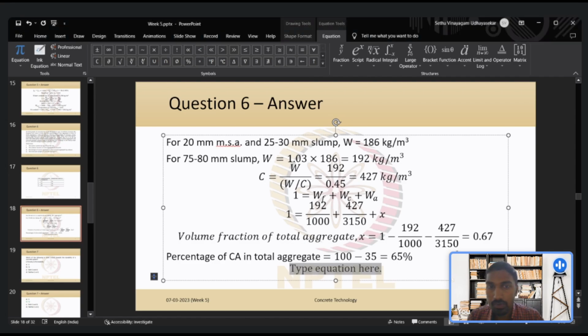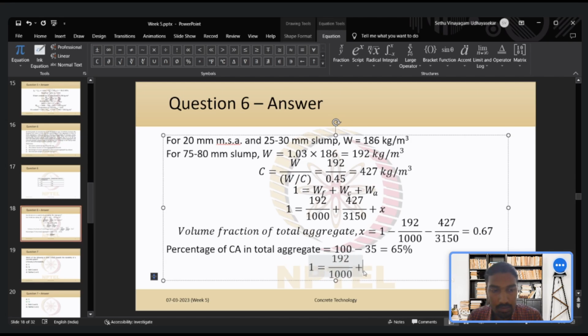Again, we will use the same equation from which we found the volume fraction. So 1, which is the total fraction, is equal to the fraction contributed by water, 192 by 1000, plus 427 by 3150, the contribution from cement.